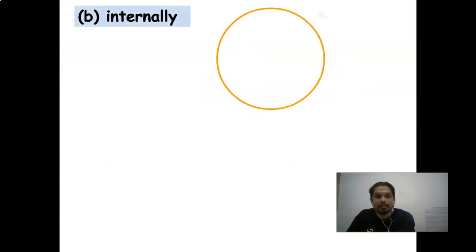And internally, one small circle is inside the big circle and does not touch at all, just floating inside.